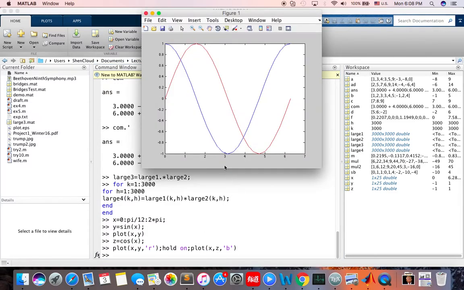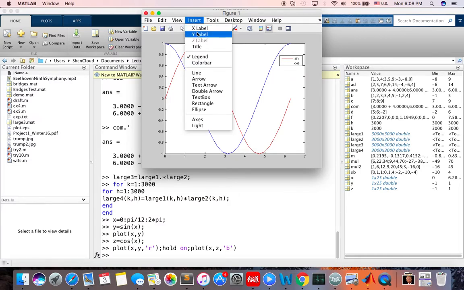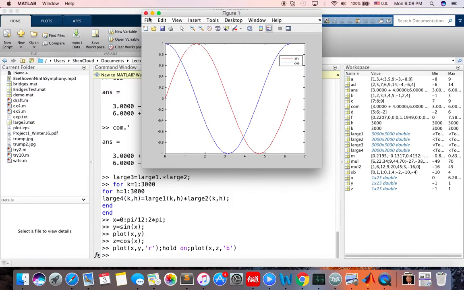So you can see the sine curve is the red curve and the blue curve is the cosine curve. And you can insert some legend here: the sine curve and the cosine curve. And also you can insert the x and y labels and title by yourself.